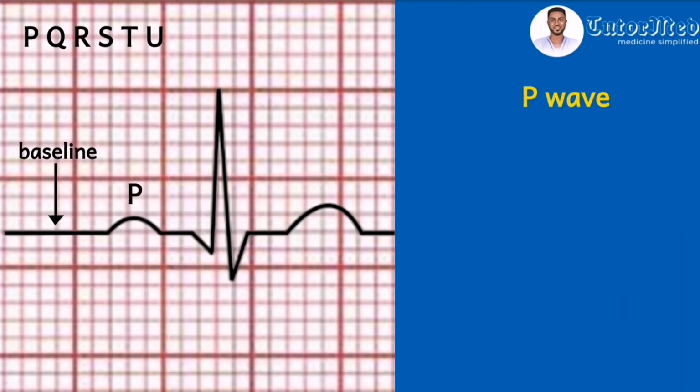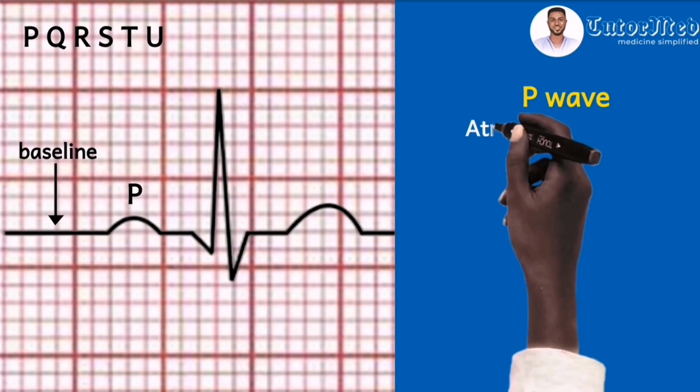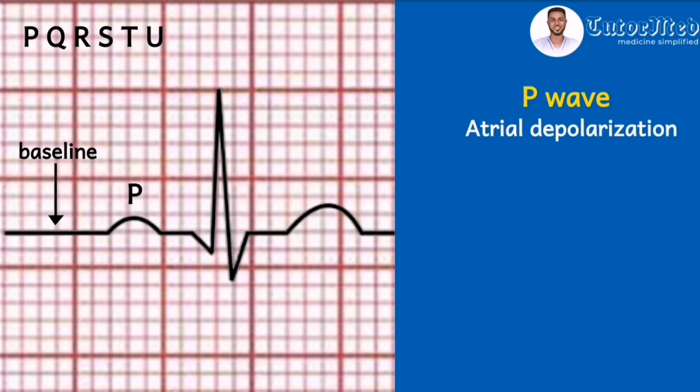This wave represents the point at which the right and left atria are activated by the currents from the SA node. This activation is properly termed atrial depolarization, and atrial depolarization is responsible for atrial contraction.